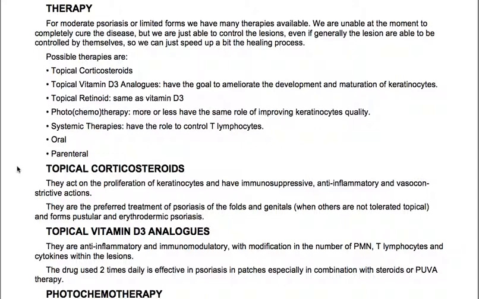So topical corticosteroids act on the proliferation of keratinocytes and have immunosuppressive, anti-inflammatory, and vasoconstrictive actions. They are the preferred treatment of psoriasis of the folds and genitals, when others are not tolerated topically, and for pustular and erythrodermic psoriasis.